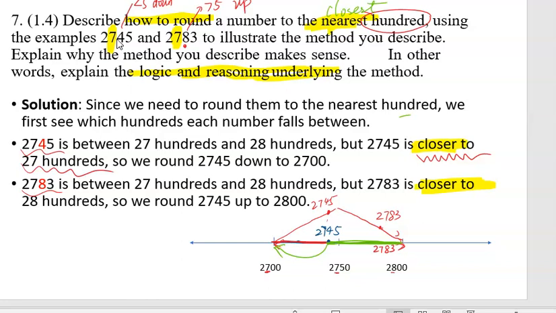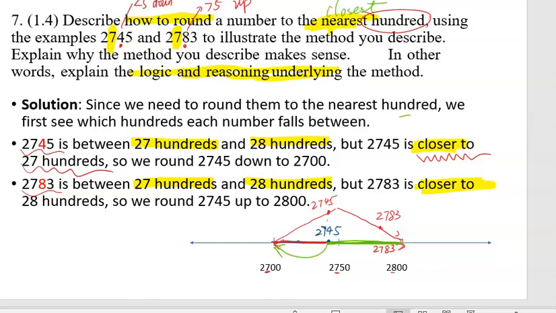On the number line, I intentionally picked these two numbers so you can see that both of them have 2700s, and the difference is in the tenths place. So we know both numbers are going to be between 2700s and 2800s. That's why on the number line I just labeled these two tick marks, 2700s and 2800s.